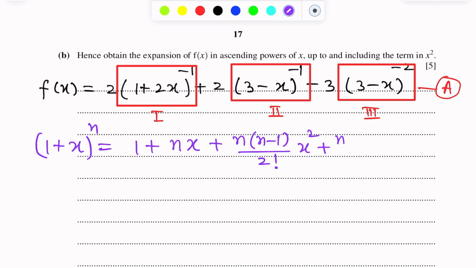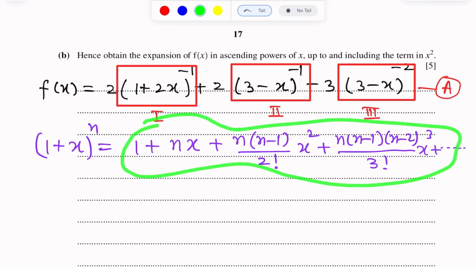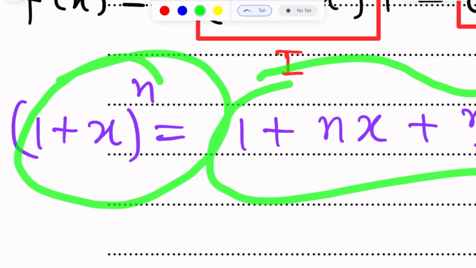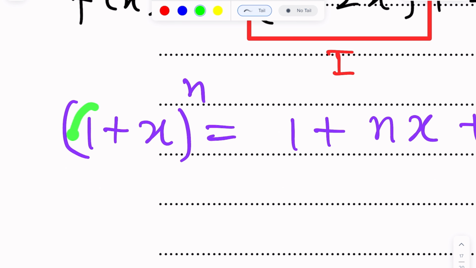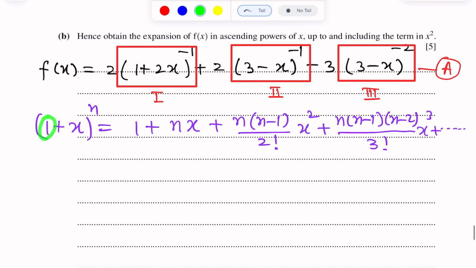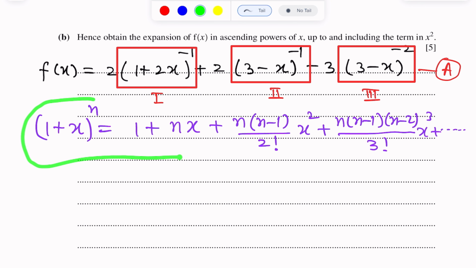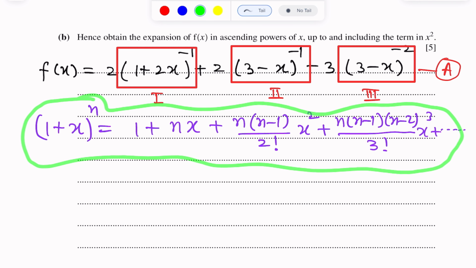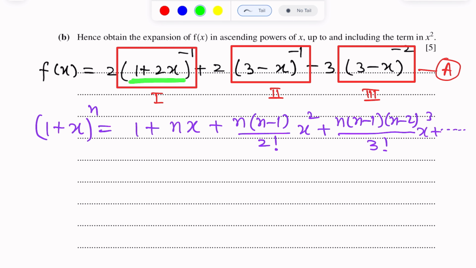Next term will be n into (n minus 1) into (n minus 2) over 3 factorial into x cube, plus and so on. This is the formula we are using here. This formula is called the binomial theorem. First we will apply this on the first box, then on the second box, then the third box.